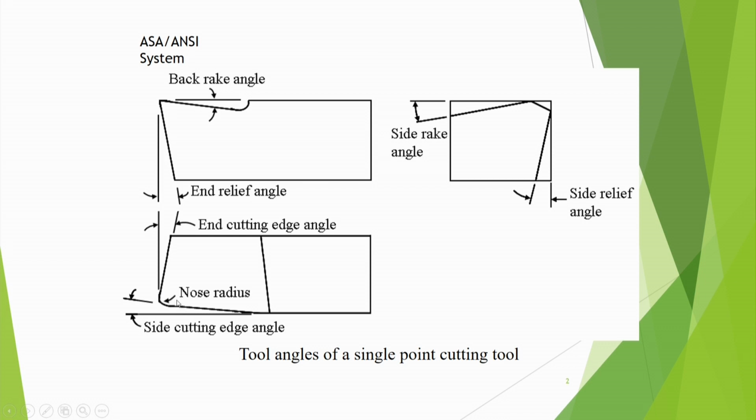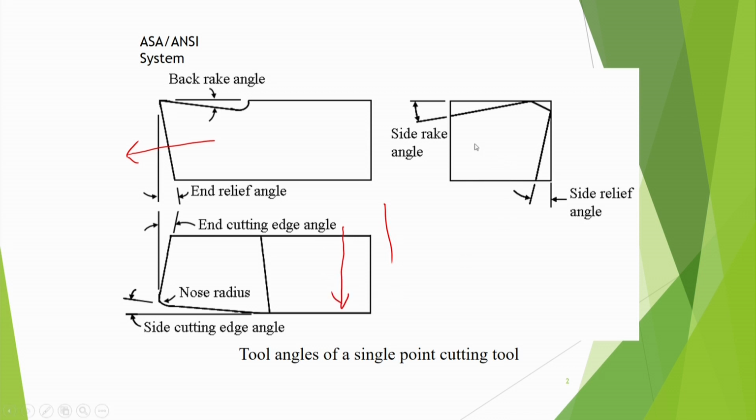And I also told that your radial direction in ASA system is this. That means depth of cut you are taking in this direction. And feed is naturally in this direction. Here in the top view the tool is moving like this.